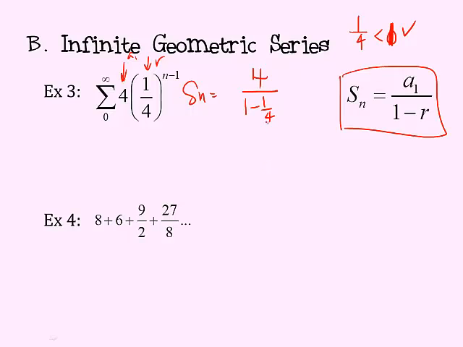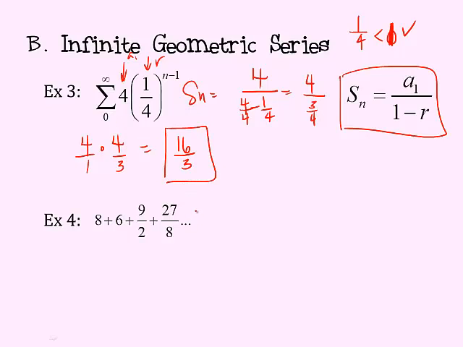All right, again, let's think about this. 1 written as a fraction could be written as 4 over 4, right? If I simplify that, I have 4 over 3/4. Keep it, change it, flip it. I get 16/3. Okay? And that would be the number that it converges to, 16/3. No calculator needed, no big deal there.